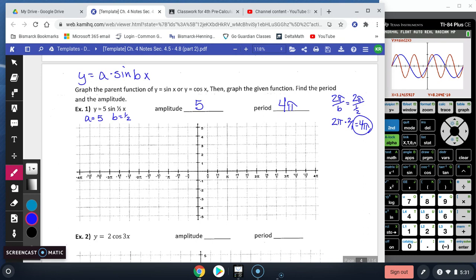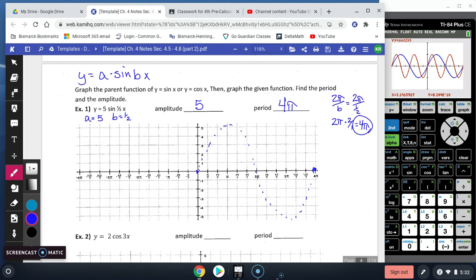Again, period. How much do you need to see of the graph before it starts to repeat itself? So it's going to take 4 pi to get one section complete of this sine function. So you kind of have a visual here. Your sine function starts at 0. I'm just going to kind of dot in something. That first period is going to end at 4 pi. So that means it's going to go up to 5, come back down, go down to -5, and come back to 0, where 4 pi is going to end. Now I could do the same thing going the other way.